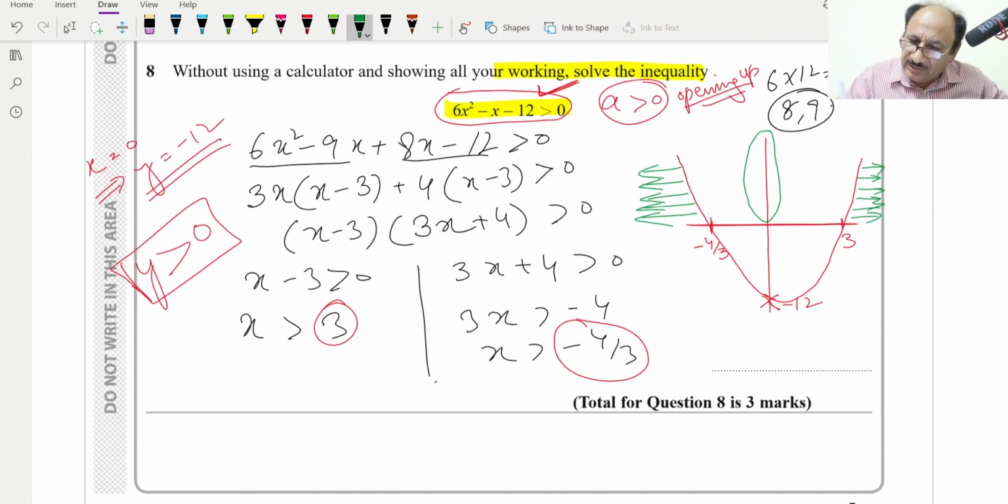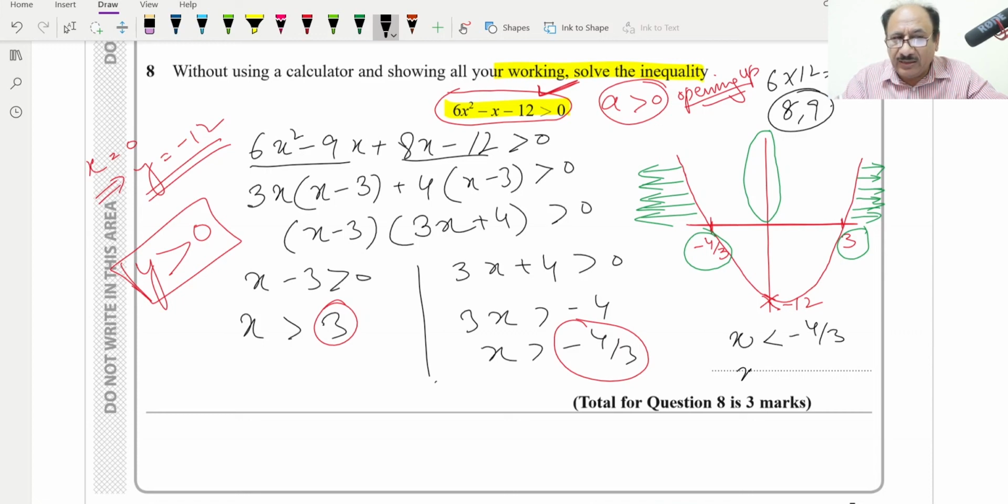So we will take less than minus 4 by 3 and greater than 3. Hopefully you understood how we are checking the direction of the inequalities. So we will write x is less than minus 4 by 3 and x is greater than 3.